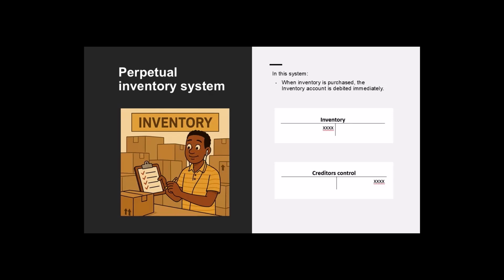Inventory decreases and the amount we owe to the suppliers goes down. So the entry becomes debit creditors control and credit inventory. Understanding these entries will make it much easier to record it in the journals correctly.